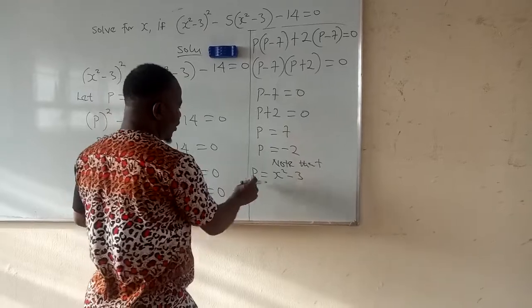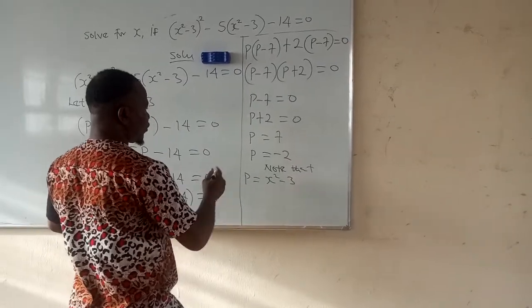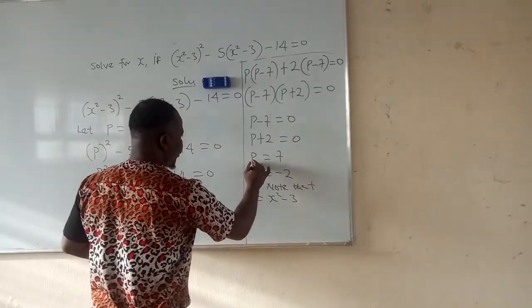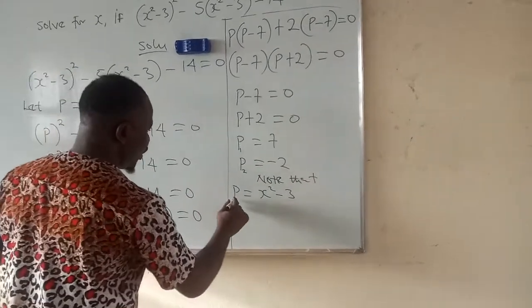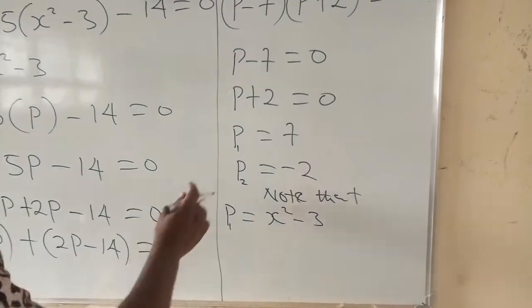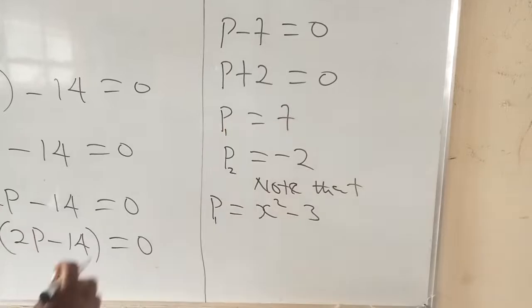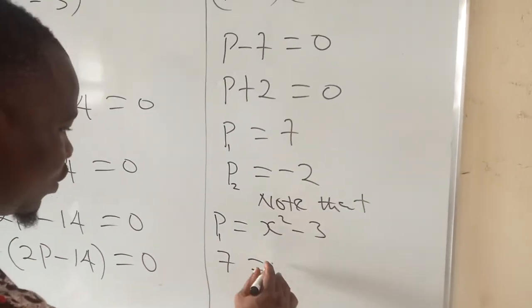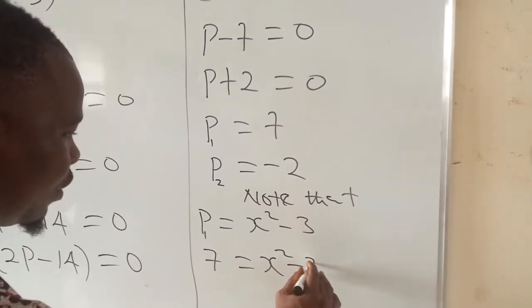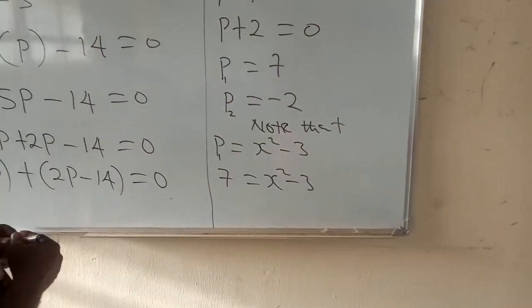Amen? So if you agree with me, either we assume this one to be p1 and we also assume this one to be p2. So if our p1 is equals to plus 7, it means 7 is equals to x squared minus 3. Is that clear?